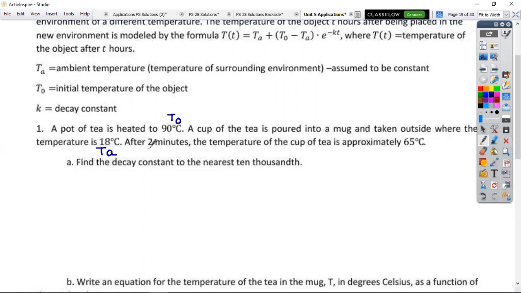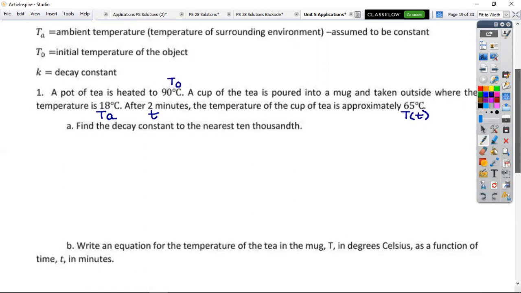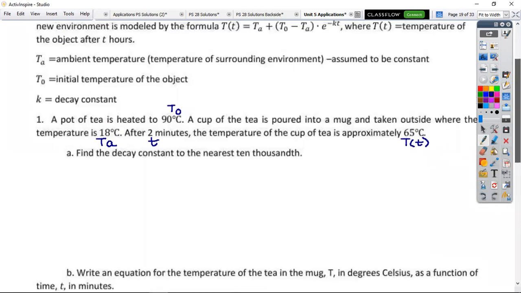After 2 minutes, that's just T, the temperature of the cup of tea is approximately 65. So what's this one? T of T, yep. So that's your left side number. So it says find the decay constant to the nearest 10,000. So I'm going to do my formula.